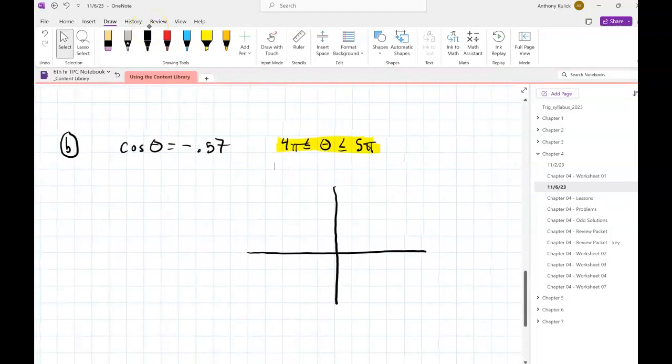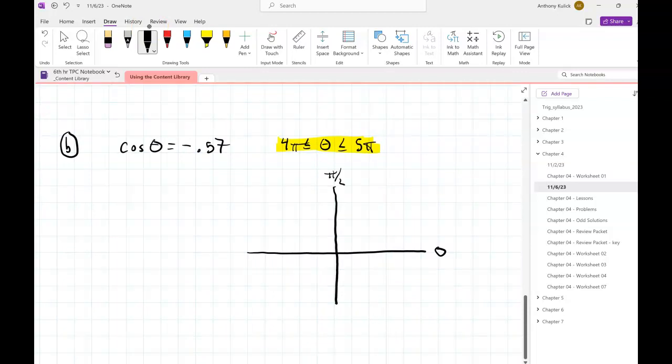So let's see here. 0, pi over 2, pi, 3 pi over 2, 2 pi, 5 pi over 2, 3 pi, 7 pi over 2, 4 pi, there's our start, 9 pi over 2, and then 5 pi.